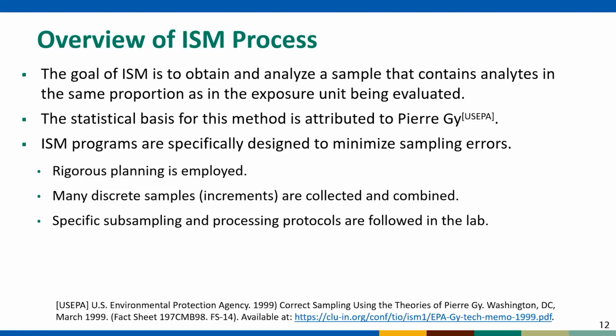Many discrete samples, often called increments, are collected systematically across that area and are combined into a single sample for analysis. Specific subsampling and processing protocols are followed in the lab to further control for heterogeneity and ensure representative data. ISM methods are currently mostly applied to soil.